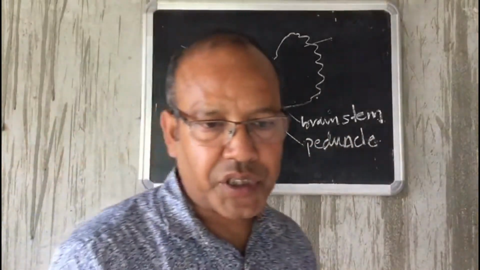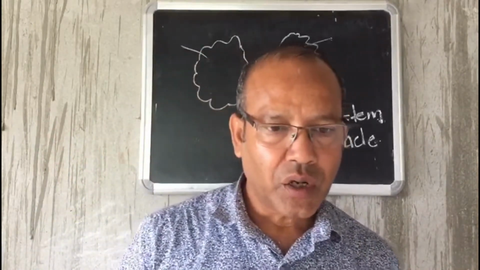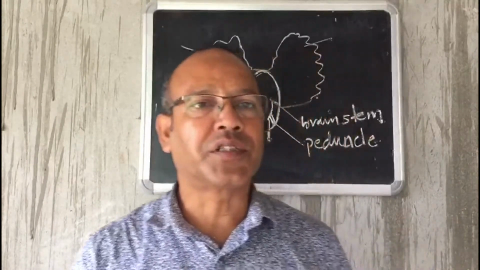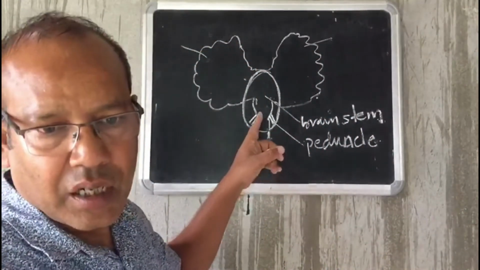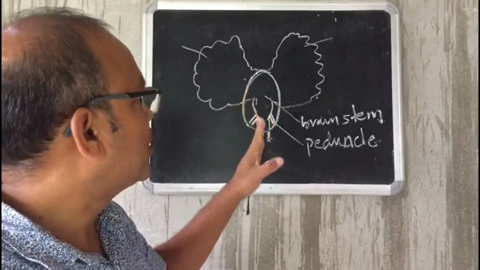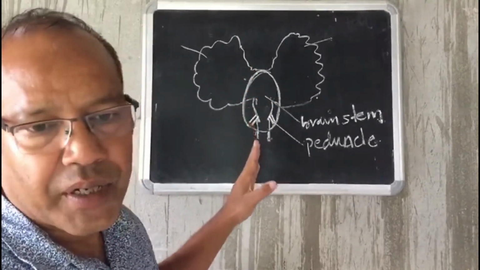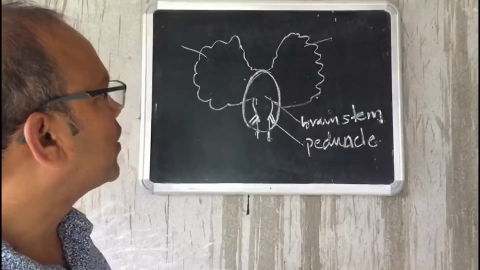Its important function is that it serves as the center for mediating visual, auditory and tactile impulses. So whatever visual information, whatever auditory information, whatever tactile information passes through this particular region. That is the brain stem. That is the midbrain.